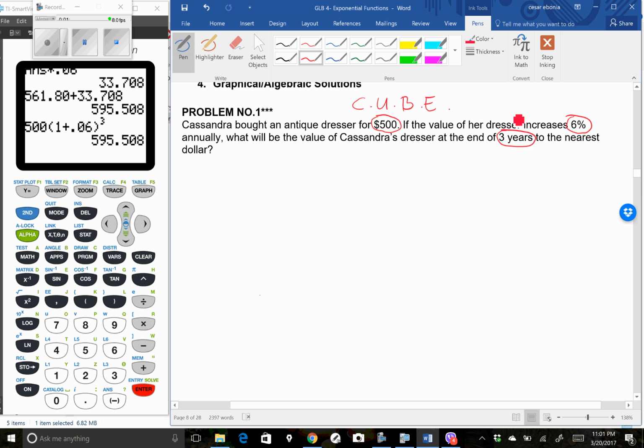Now, Cassandra bought an antique dresser. So I would underline antique dresser and the value increases annually. What will be the value of the dresser at the end of 3 years to the nearest dollar?